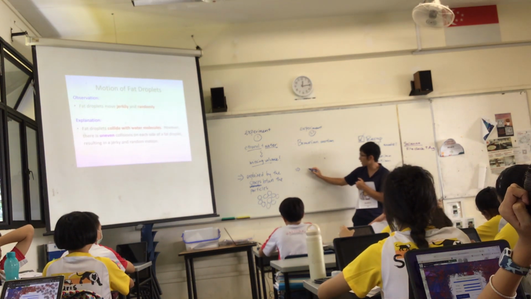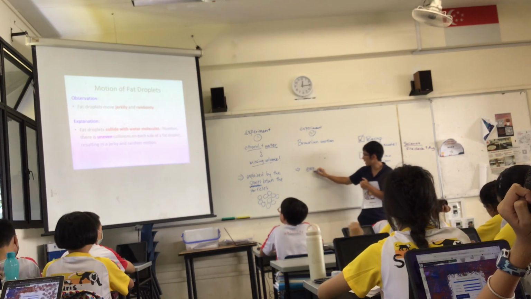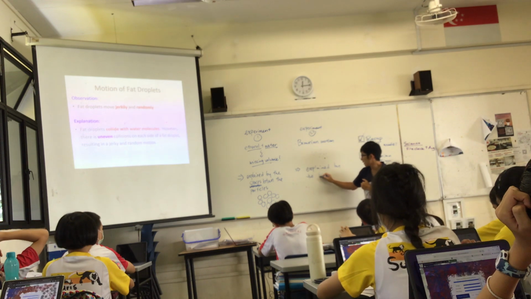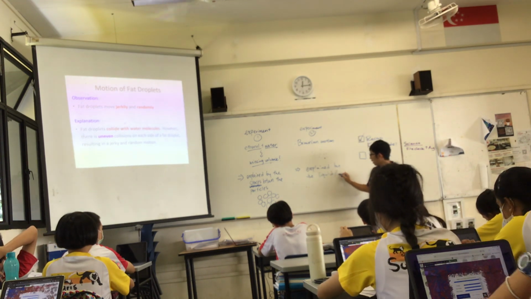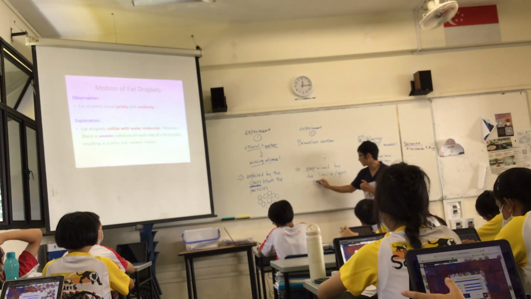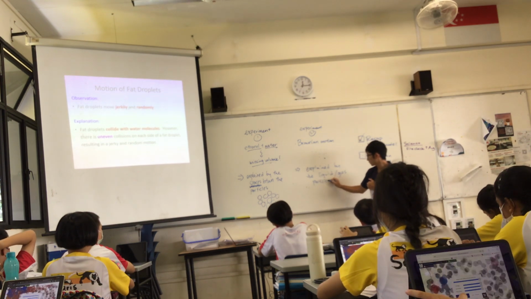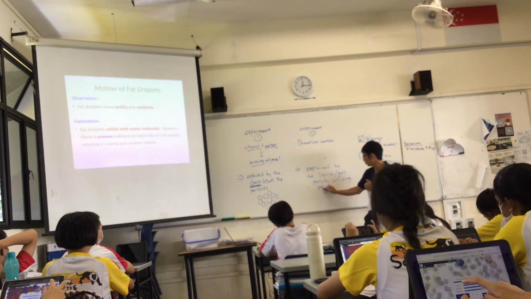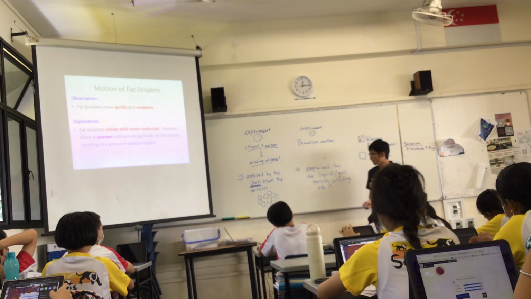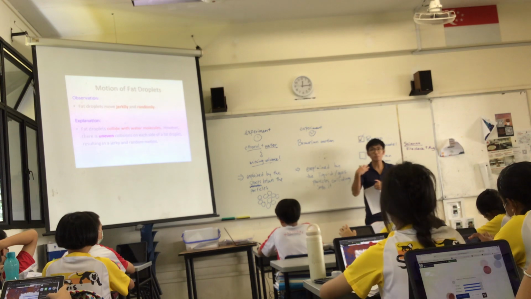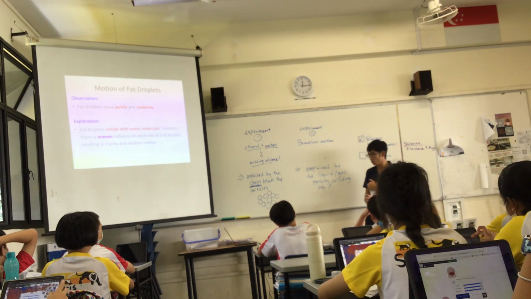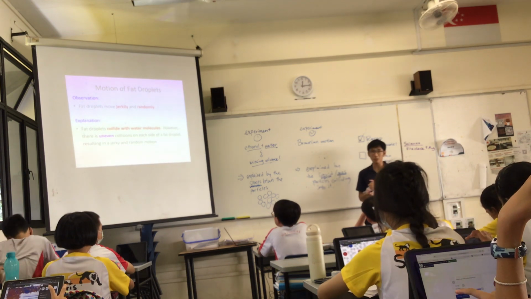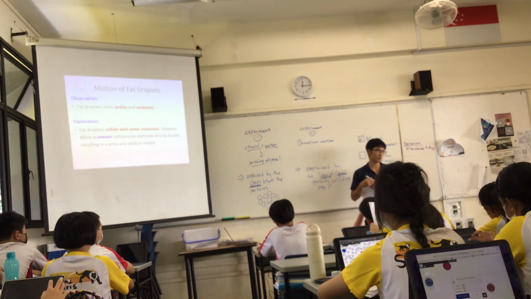The explanation for it is that it can be explained by the liquid or gas particles colliding into it. What does this prove? It actually proves to you that when you look at liquids and gases, the particles are moving even though we cannot see it.